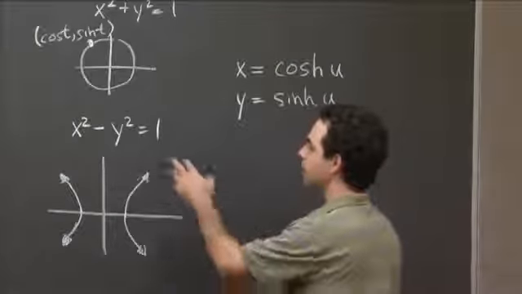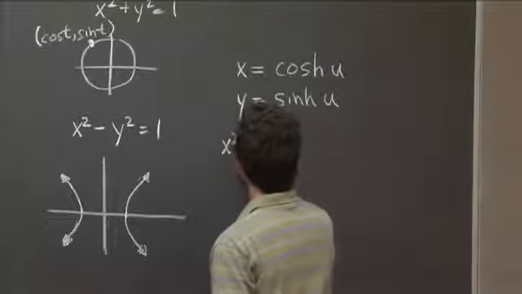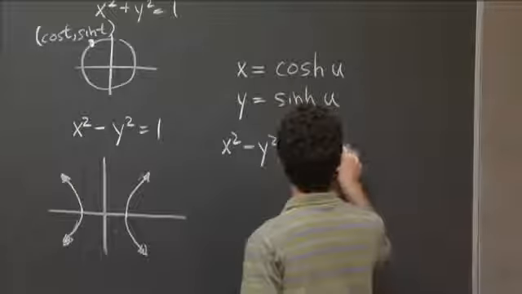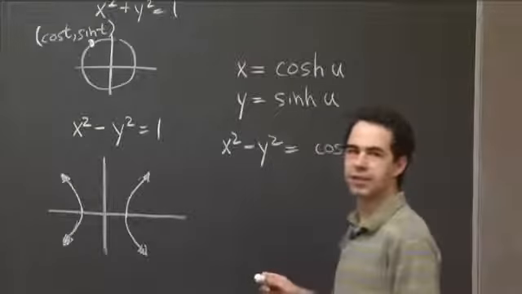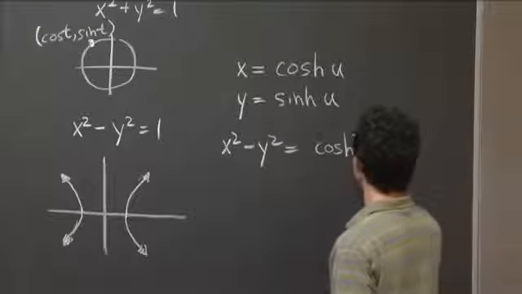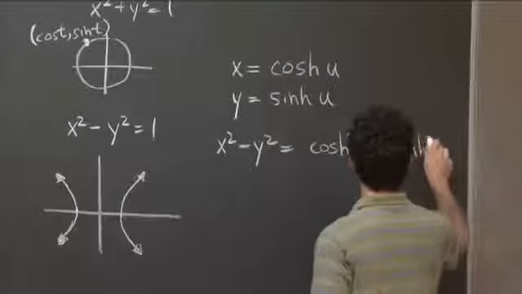And now I'm going to look at the quantity x squared minus y squared. So we use most of the same notations for hyperbolic trig functions that we do for regular trig functions. So this is cosh squared u minus sinh squared u.